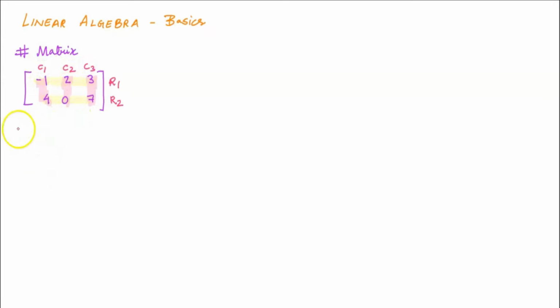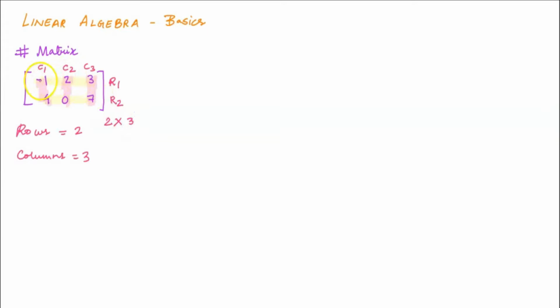So from this what we can clearly understand is that the number of rows is equal to 2 and the columns is equal to 3. So now if we want to write the order of the matrix, what will we write first? We will write the number of rows first. So we will write 2 cross 3, where 3 is the number of columns.